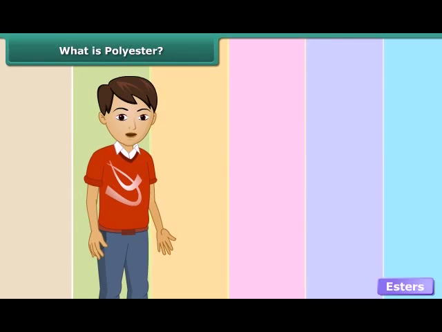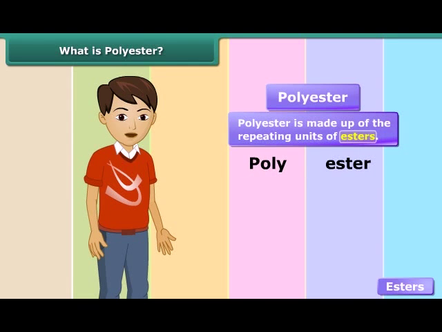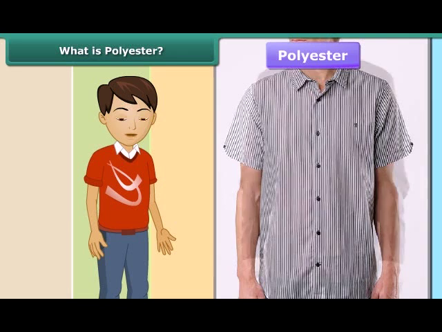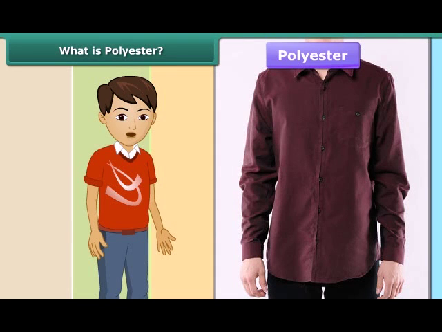Can you guess just by hearing the word polyester what it is made up of? As the word polyester comes from the words poly and ester, it is clear that it is made up of repeating units of esters. You must have seen people wearing nice polyester shirts and other dresses. Fabrics made of this fiber do not get wrinkled easily, remain crisp, and are easy to wash.